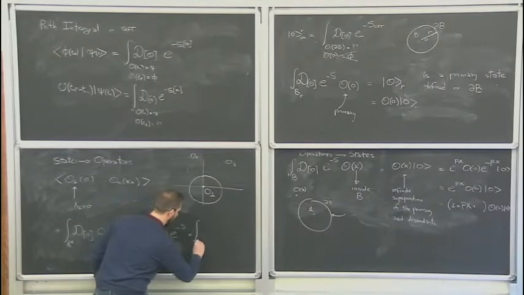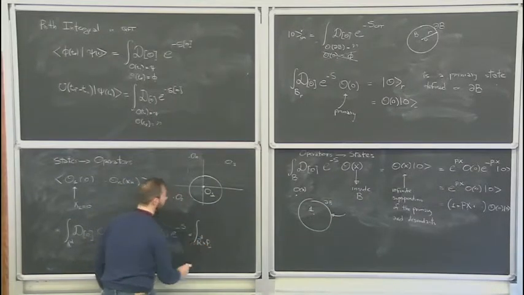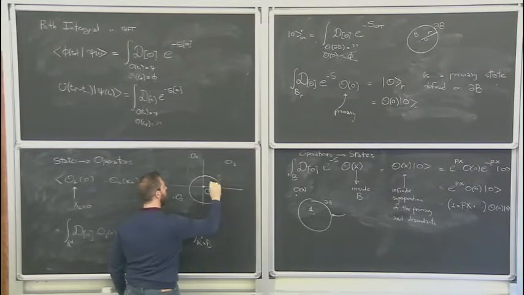So now it's going to be the integral on R^D minus the ball. This is the ball. This is the boundary of the ball.